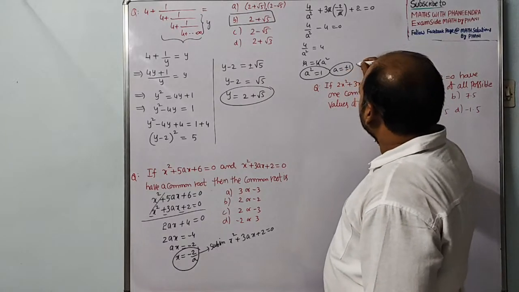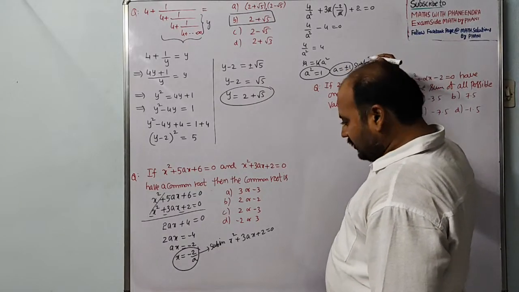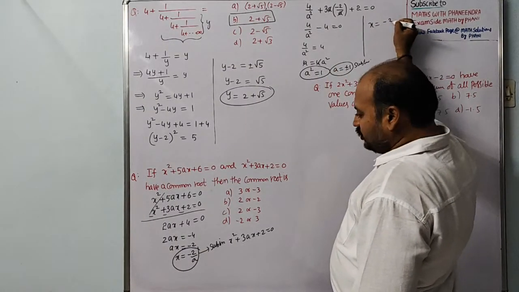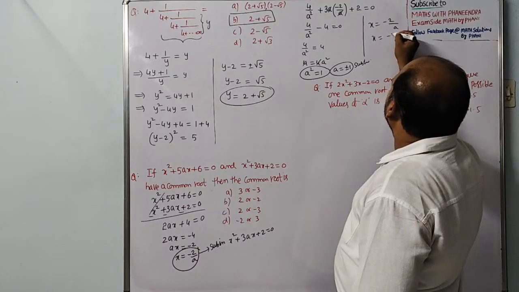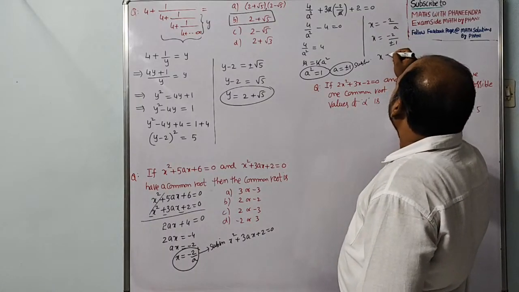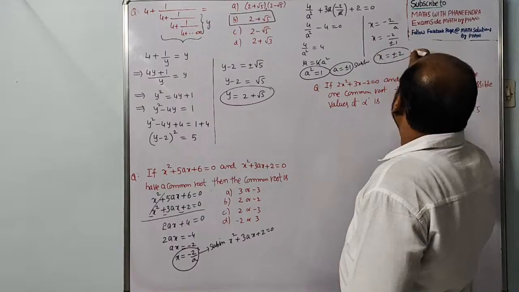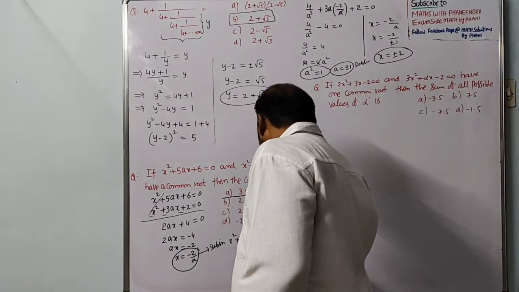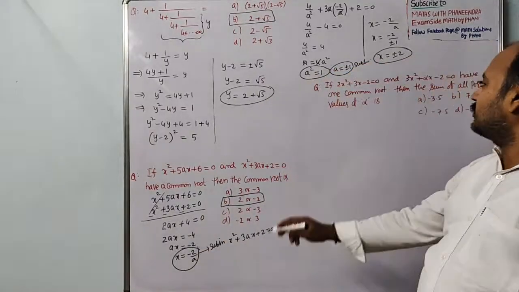So substitute this a value in x. x is equal to minus 2 by a value. So x equal to minus 2 by plus or minus 1. It takes plus or minus 2. So x value is either 2 or minus 2. It is there in the second option, dear students.